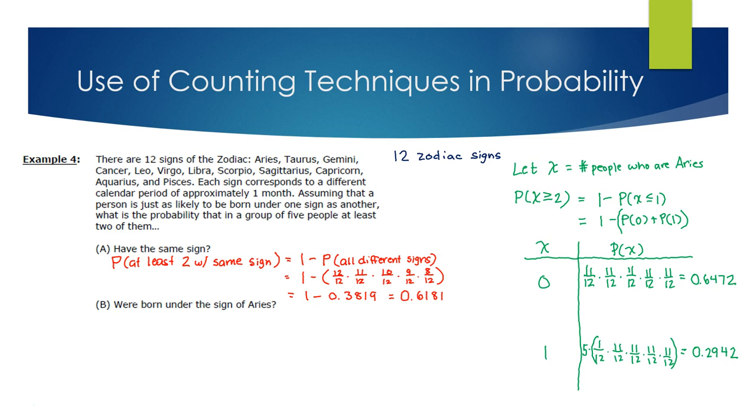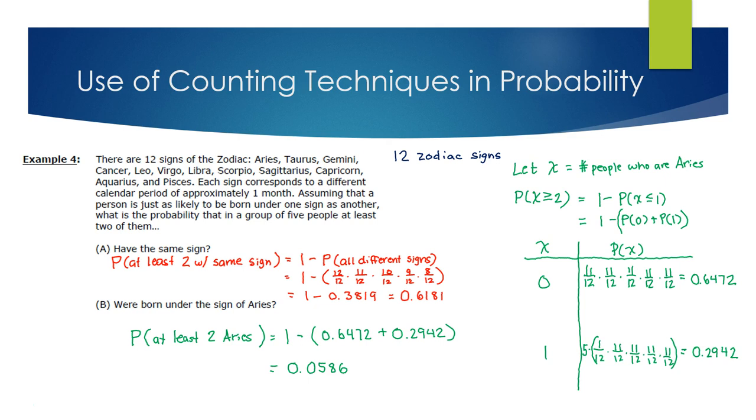So if I want to calculate the probability that at least 2 were born under the sign of Aries, I'm going to do 1 minus the sum of those two, which gives me 0.0586. So basically, if I have 5 people being chosen, the probability that at least 2 are under the sign of Aries is 0.0586, or about 5.86%.